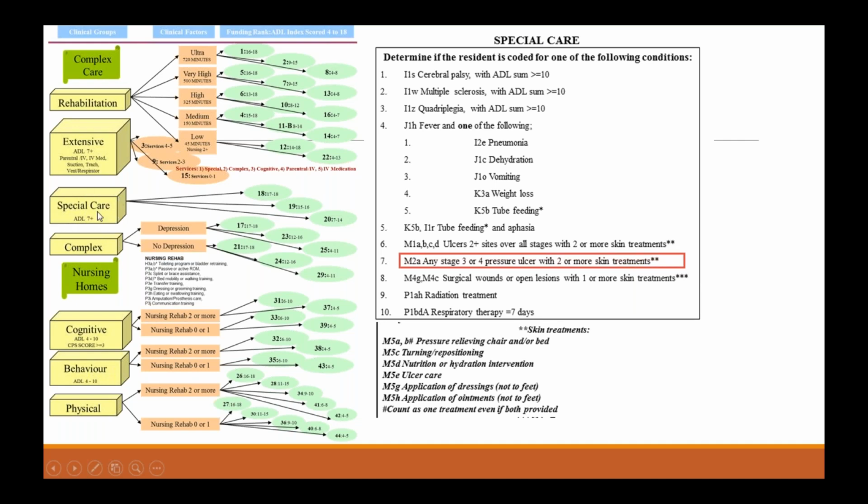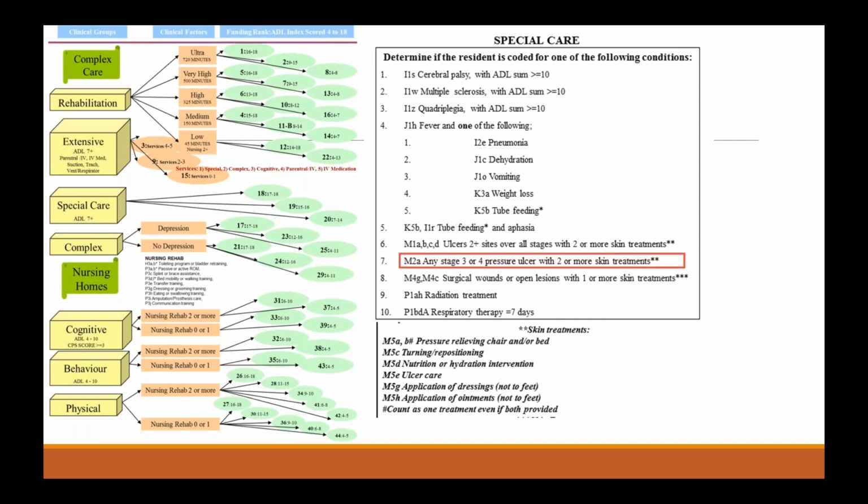Now remember, you could qualify for special care, but you've got to be ADL dependent. That is, your bed, eating, toileting, and transfer total score has got to be at a level of 7 to 18. Okay, so 0 to 6 won't work. You can't stay in this group with the 0 to 6.